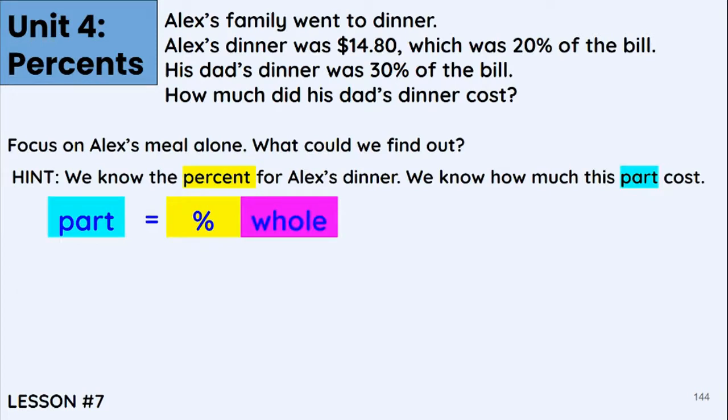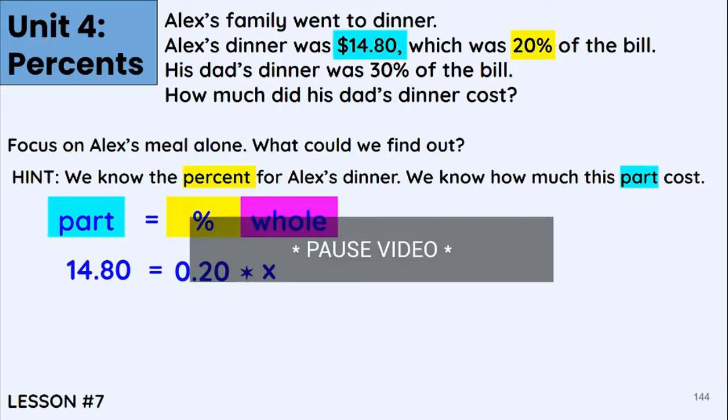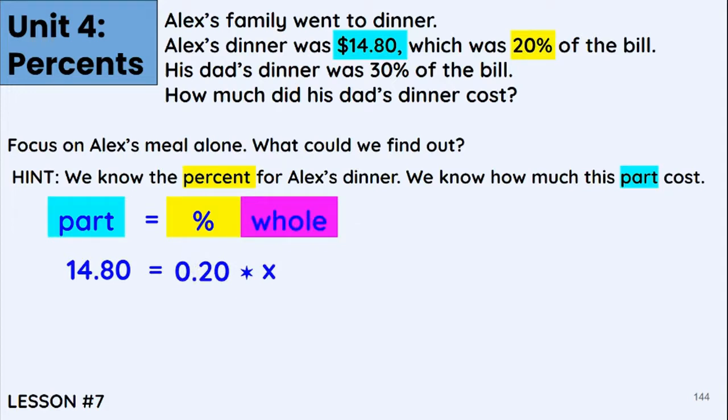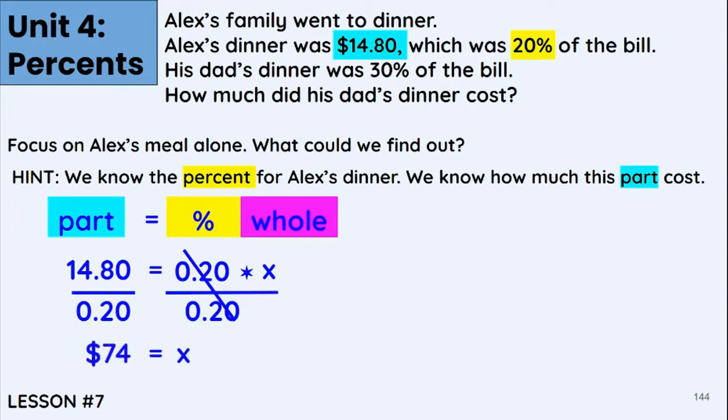So Alex's dinner was $14.80. That was 20% of the bill. Go ahead and find out what the whole bill was. All right, you should have divided both sides by 0.20, and you would have found that the whole bill is $74. Now we can find out how much Alex's dad's dinner was.